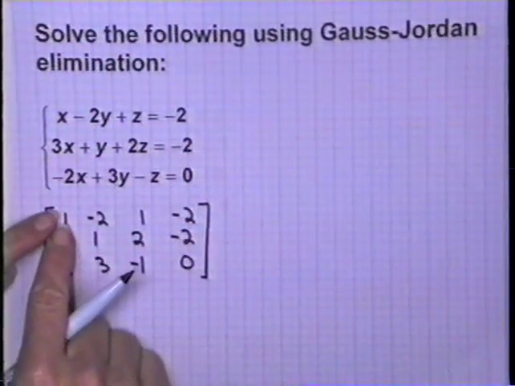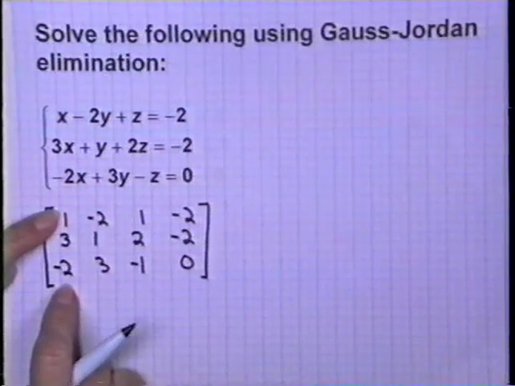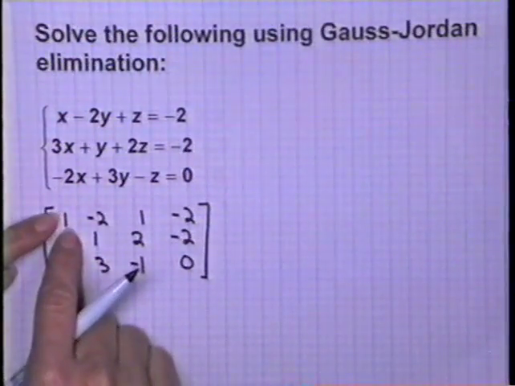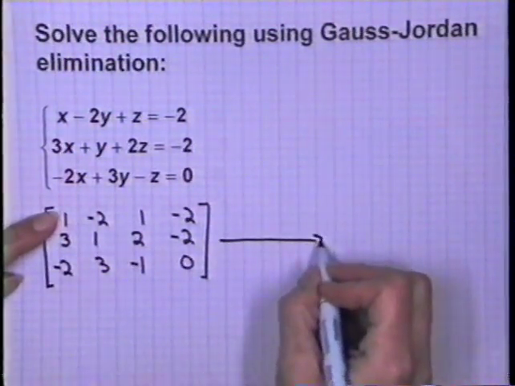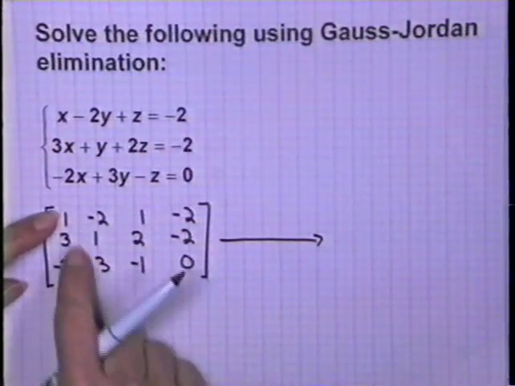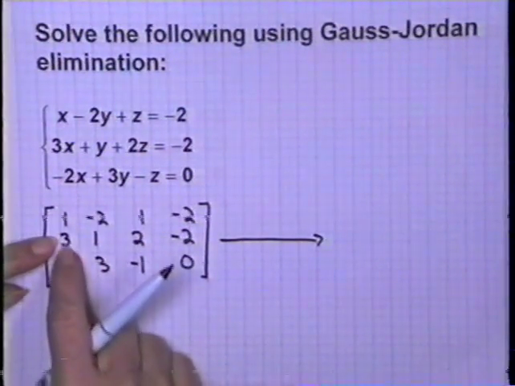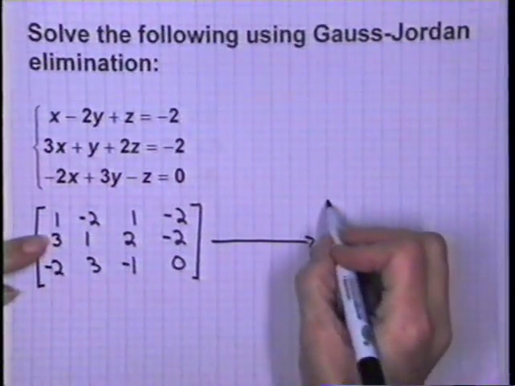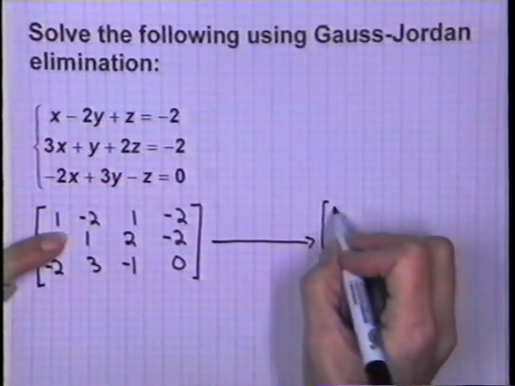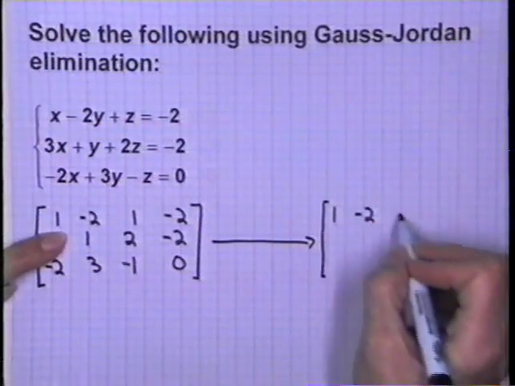Now, here we're going to get a 1 and zeros underneath, just like we did with Gaussian elimination. Now, this is nice. I already have a 1 right here, don't I? Okay? So, we're not going to need to do anything to change row 1 at this point. But I want to get zeros underneath here. And remember, we're going to kind of do this together in one step. So I'm not going to change row 1 at this point.